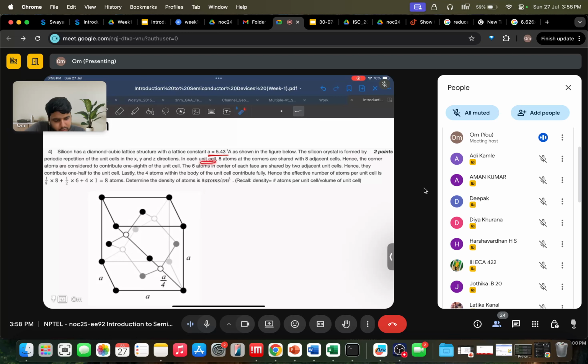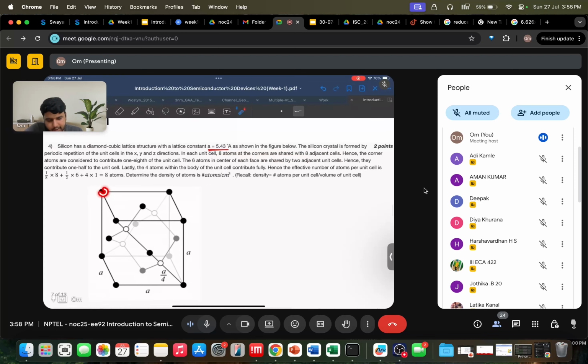In each unit cell, 8 atoms at the corners are shared by 8 adjacent cells. So these are the 8 atoms at the corners, right? 8 cubes will share this one corner atom, and cubes will be at the top also.